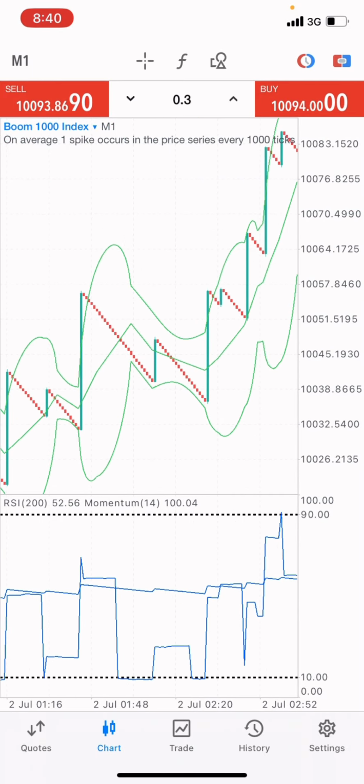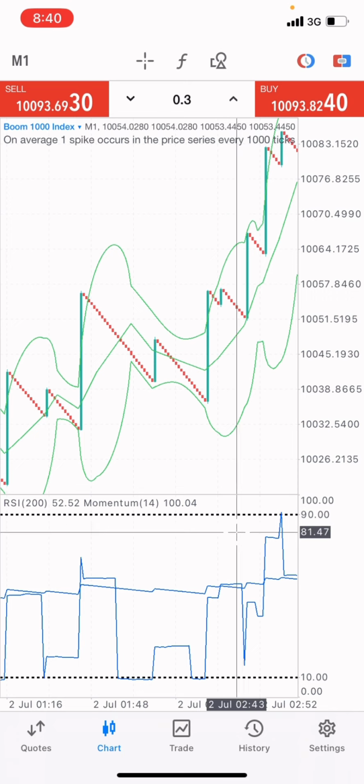All you got to do is apply the same strategy we use on Crash 1000 on the opposite, Boom. All you got to do is twist it. On Crash you wait until you reach level 10. On Boom you wait until you reach level 90.